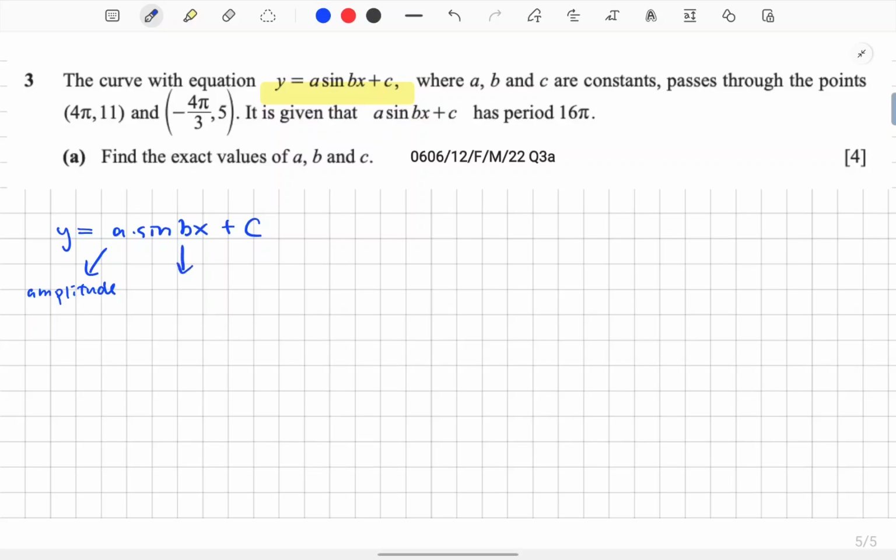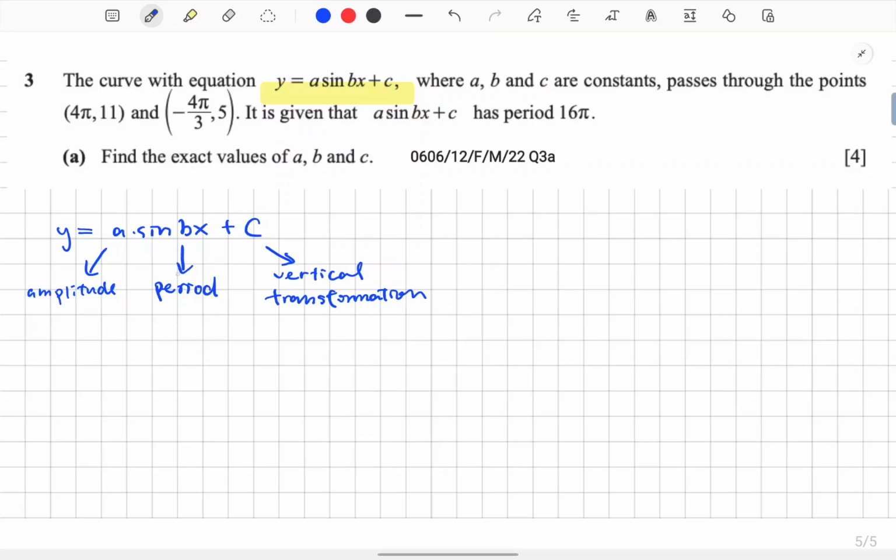And the b here determines the period. It is how often the function cycles again. And the c here is our vertical transformation. It changes our vertical height.